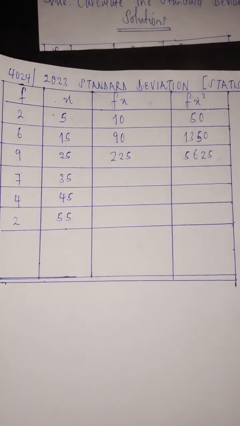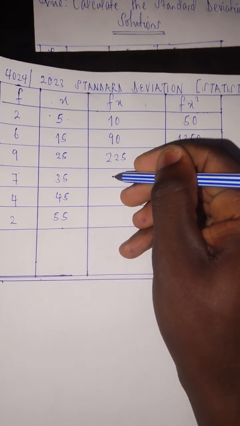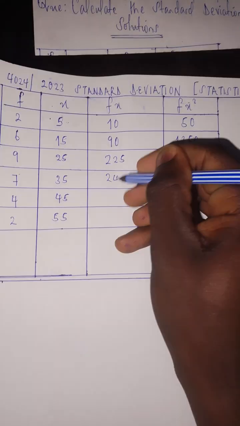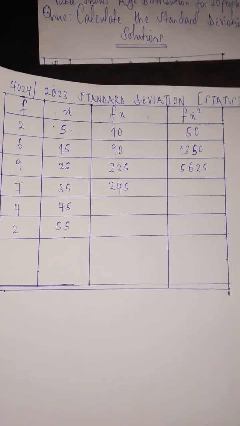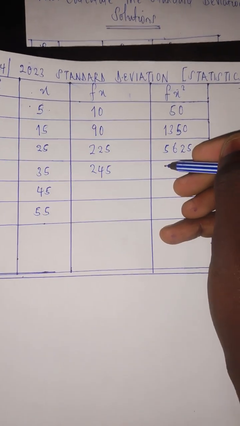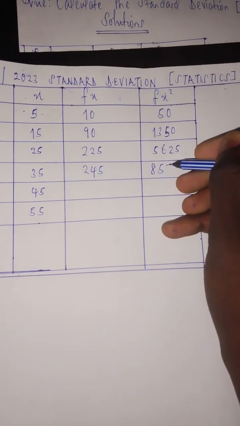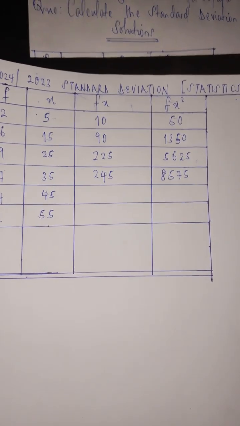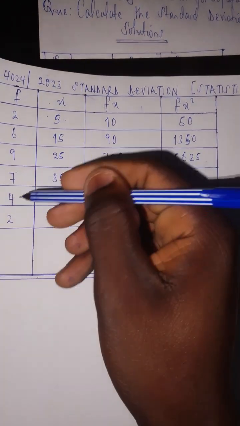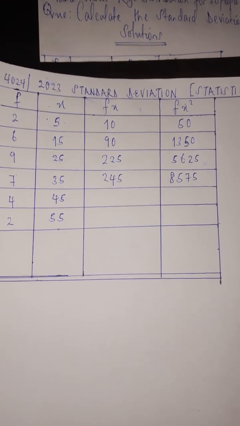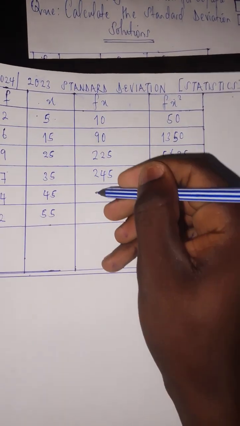Then 35 by 7, that is 245. 245 by 35, that is 8,575. Then I'm going to multiply 4 by 45, that is 180.